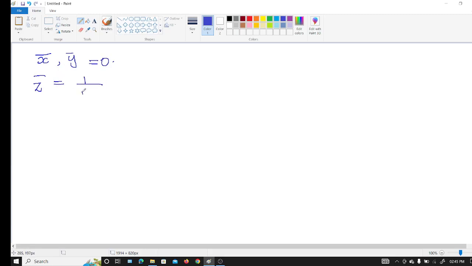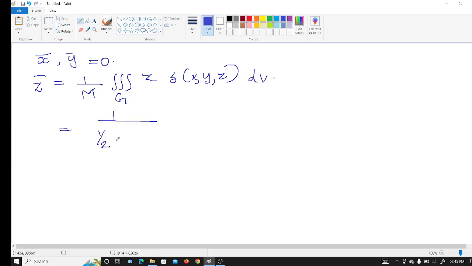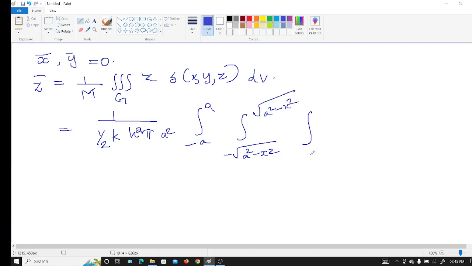So z bar is 1 by m times the triple integral over G of z times delta(x,y,z) dV. The value of m is half k h square pi a square, and this is the integral from minus a to a, the integral from minus square root of a square minus x square to root of a square minus x square, then the integral from 0 to h, of z times kz dz dy dx.